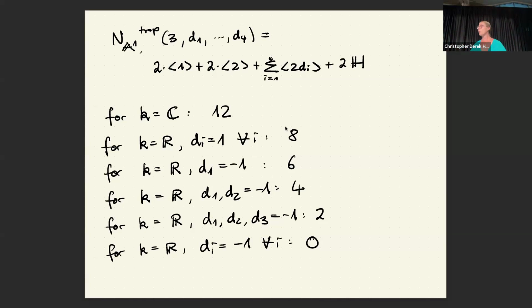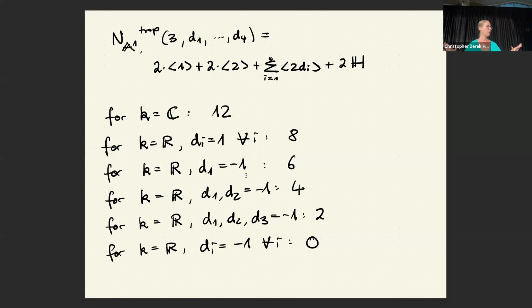But now I can do even more. I can insert the real numbers. And let's say I let one of my di's, d1, to be minus 1. Then for that one pair, I'm talking about one pair of complex conjugate point conditions, because I'm talking about the field extension R in R adjoint square root of minus 1, meaning C. So I have a pair of complex conjugate point conditions.